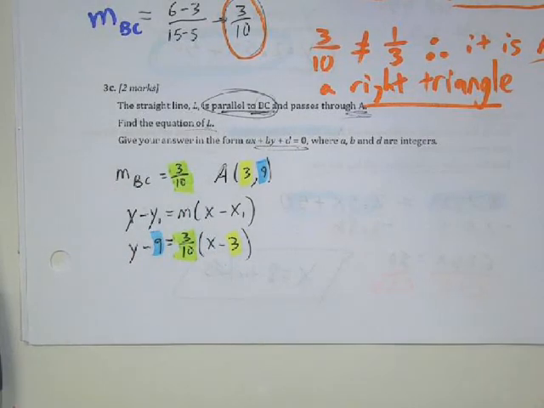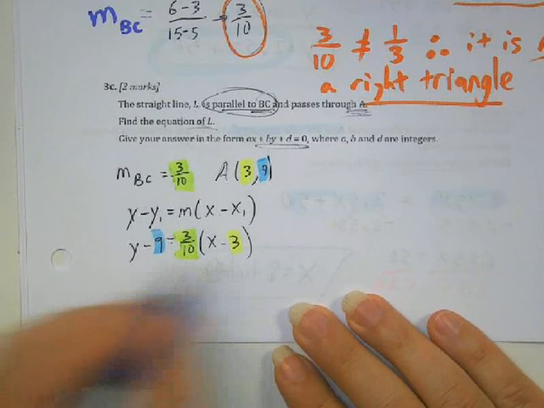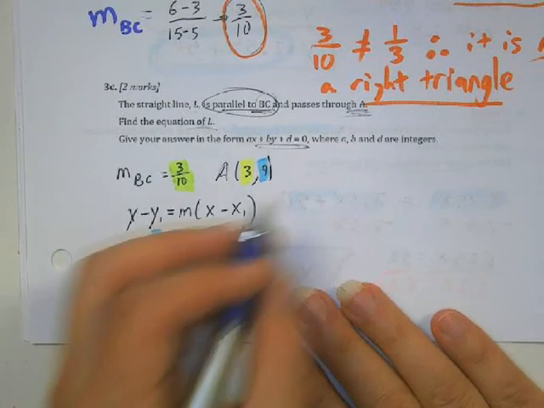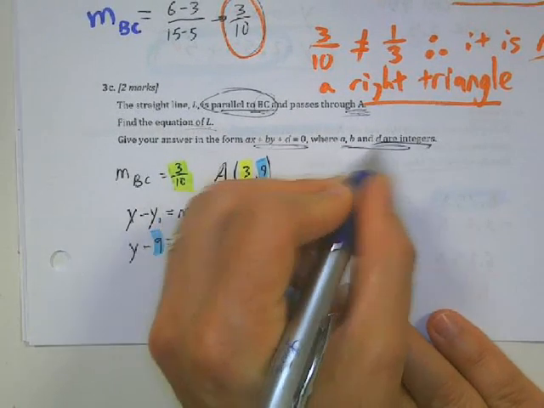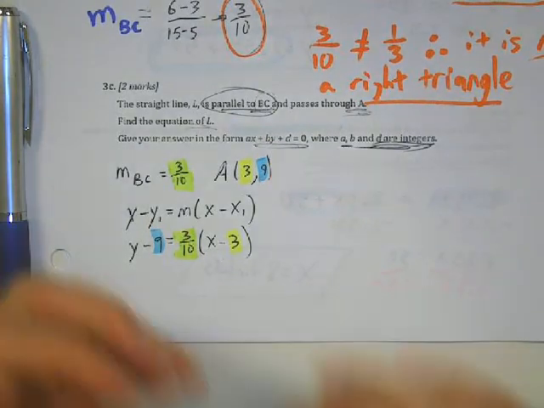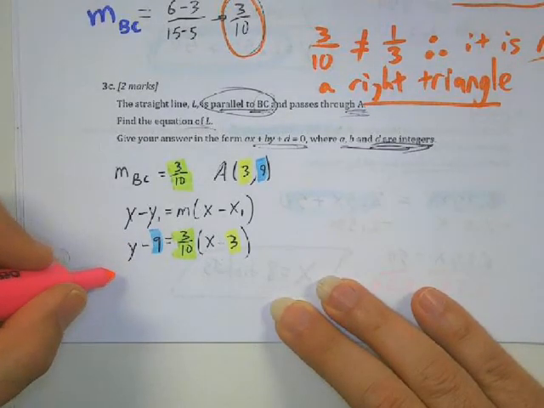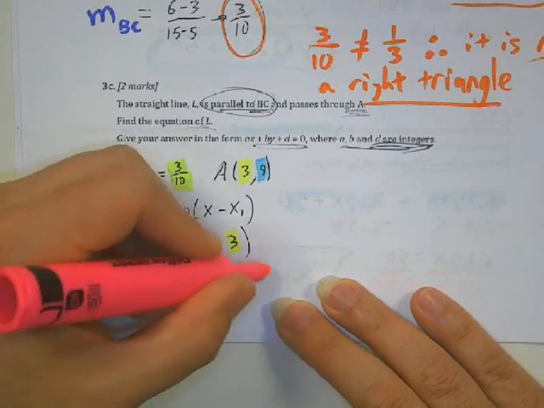One thing, to get rid of the fraction, because they just said A, B, and C have to be integers, I'm going to multiply both sides of this equation by 10.